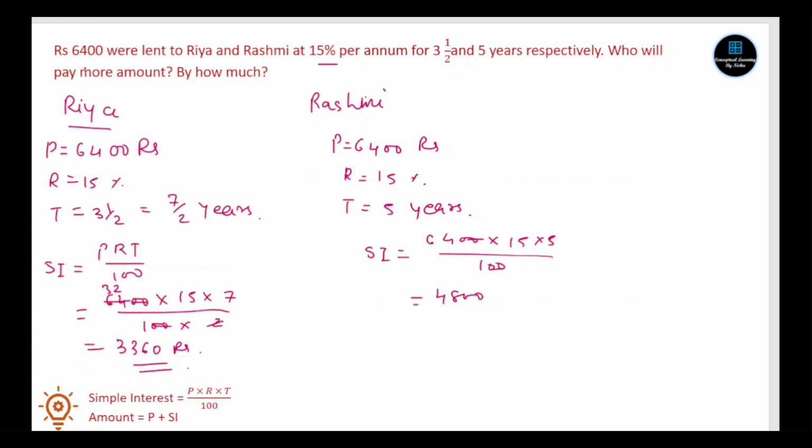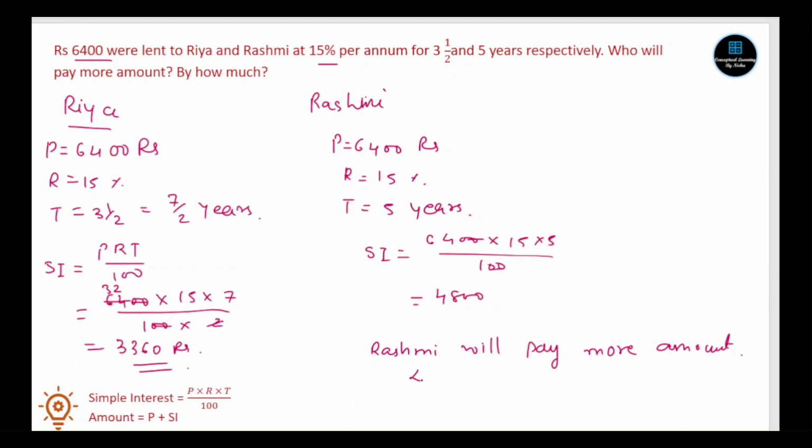Now see, the principal is same for both of them. So, who will pay more amount? Yes, Rashmi will pay more amount. And by how much? The difference of their interest is nothing but how much more.